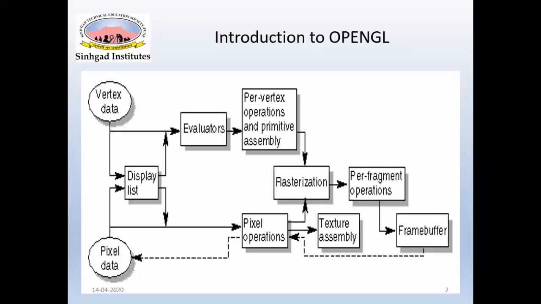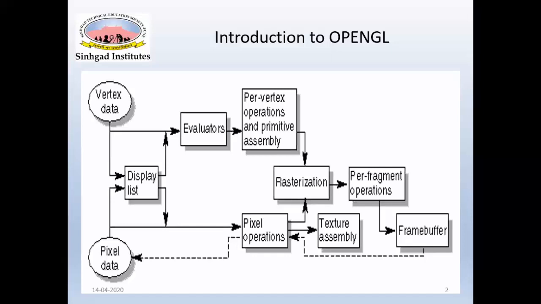Data can be input in the form of pixels rather than vertices. Data in the form of pixels, such as might describe an image for use in texture mapping, skips the first stage of processing described above and instead is processed as pixels in the pixel operation stage.